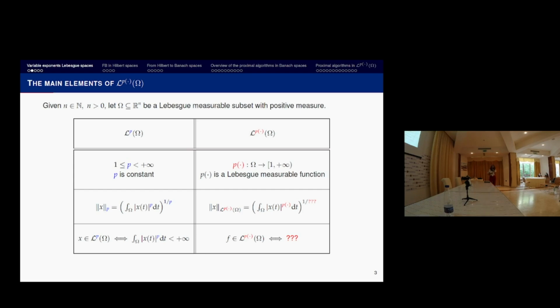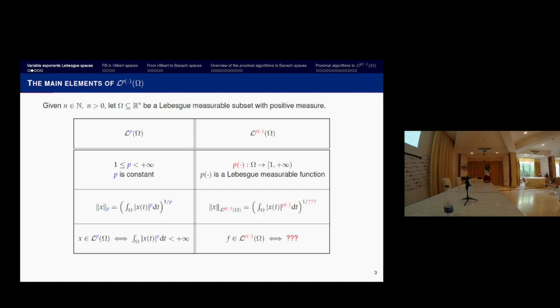So, what are variable exponent Lebesgue spaces? In the classical L^p spaces, we have a constant exponent p, and in this other context, we have a Lebesgue measurable function p defined from the domain to the interval [1, +infinity). For simplicity, I will assume p to be always less than plus infinity.